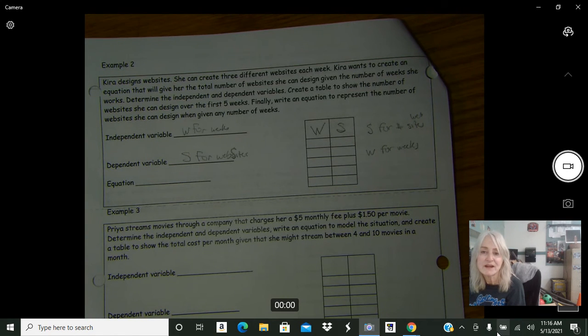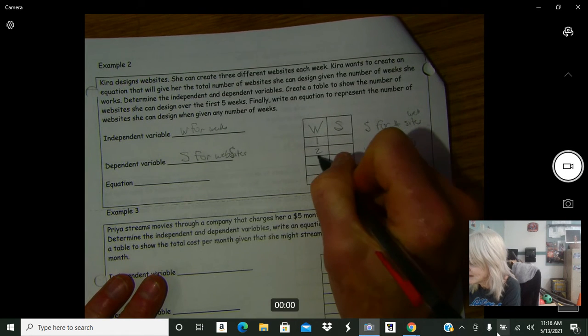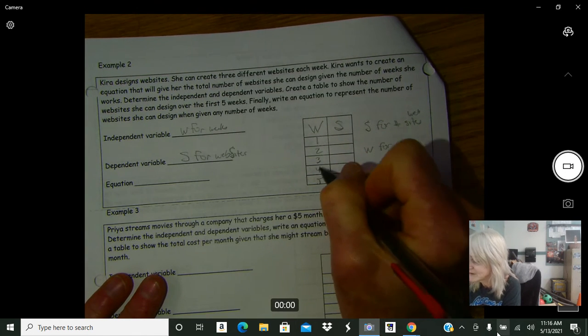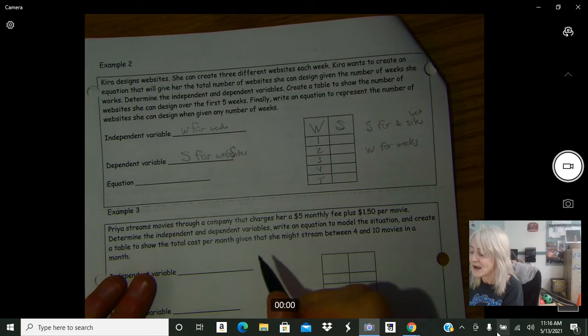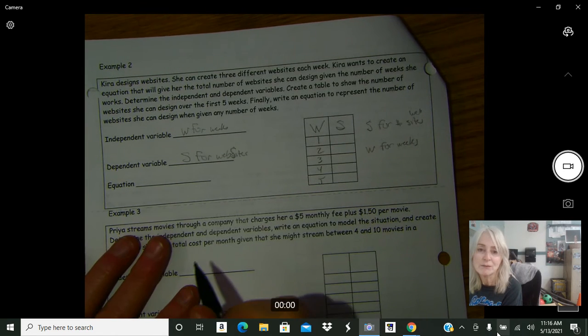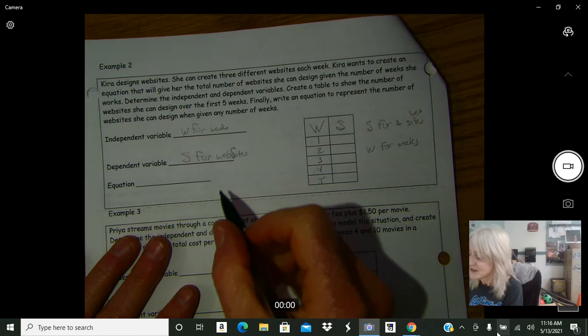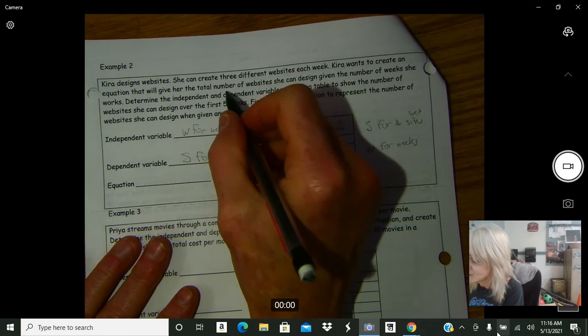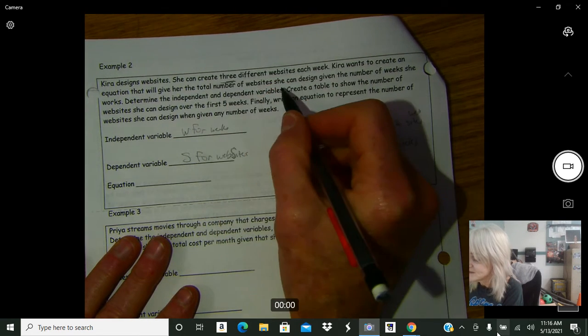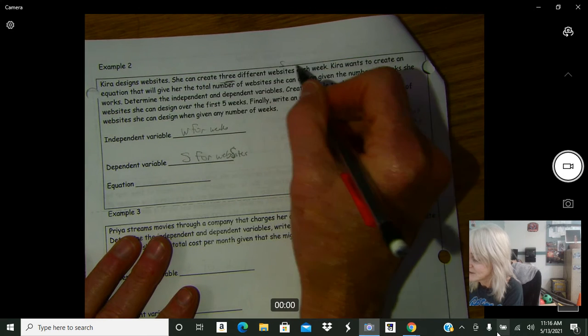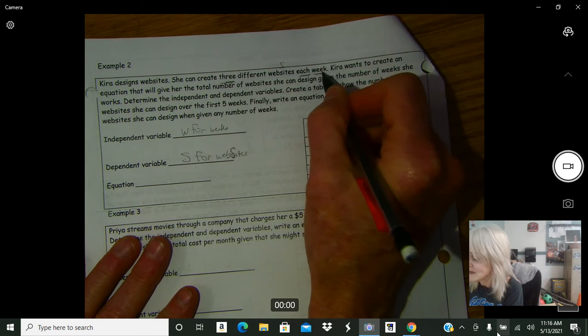So it wants us to create a table to show for the first 5 weeks. So I can put my first 5 weeks. Now we want to go back and see what our equation is. She can create 3 different websites for each week.